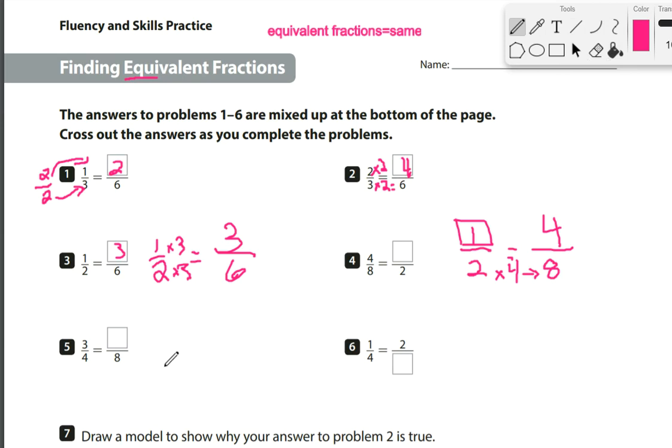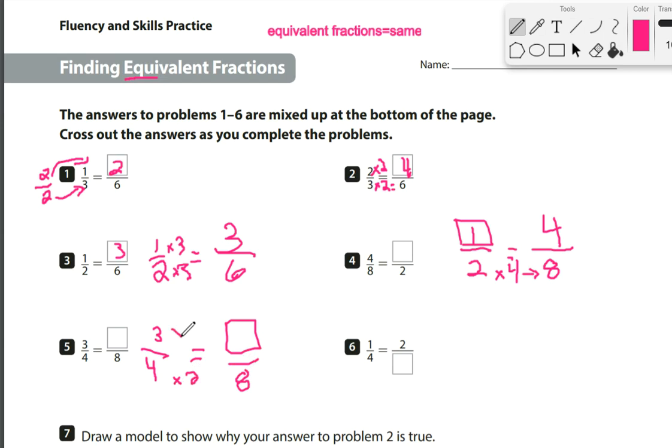On to problem number 5. 3/4 is equal to some eighths. We don't know how many eighths. Look at the relationship between your 3/4 and your something eighths. We know that 4 is multiplied by 2 to become 8.